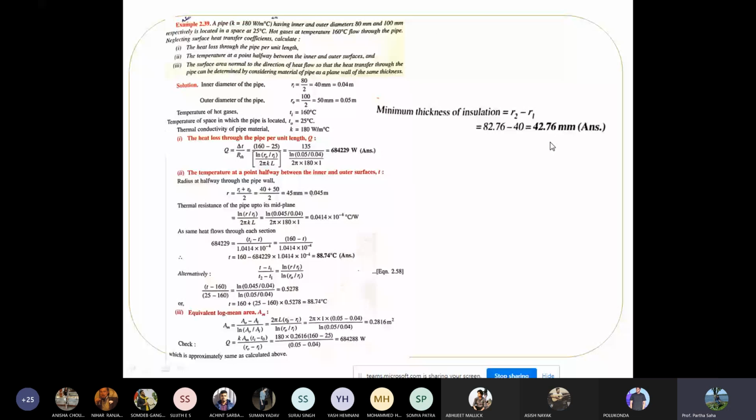So you solve for mean area, then solve for Q, which is same as the calculator. So what is being asked? The surface area normal to the minimum thickness. I think maybe it is a mistake. I'll see this, but this is the answer. This is the surface area, all validated. So the third one is the answer, 0.2816. Anyway, I'll see this. What is the minimum thickness of insulation?